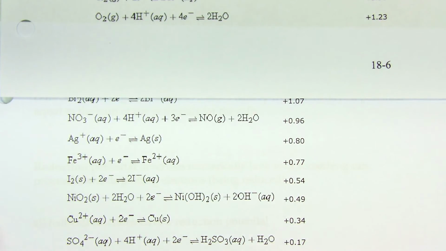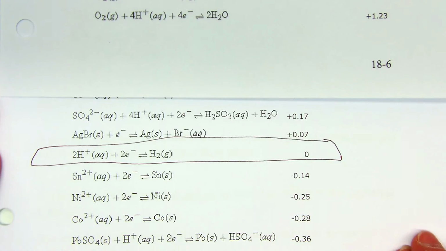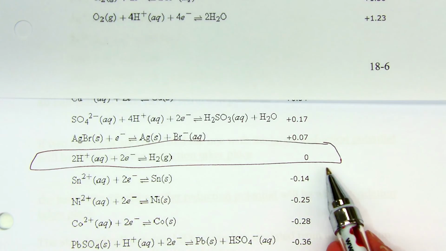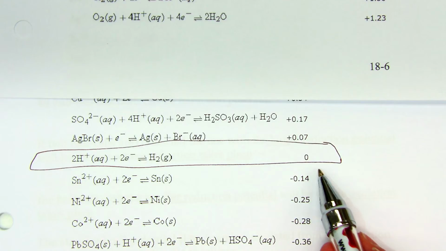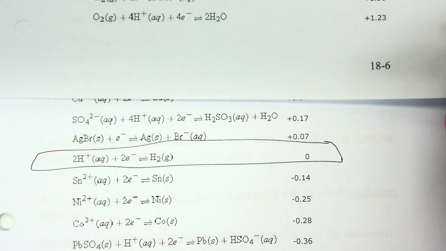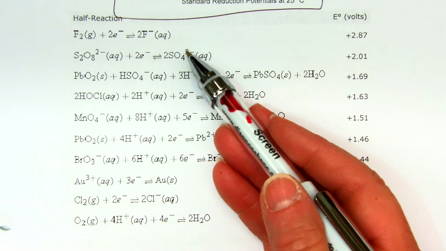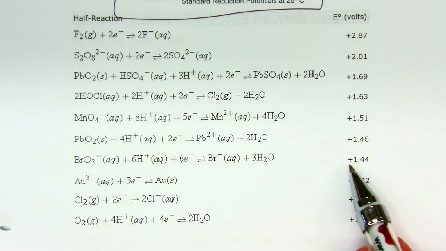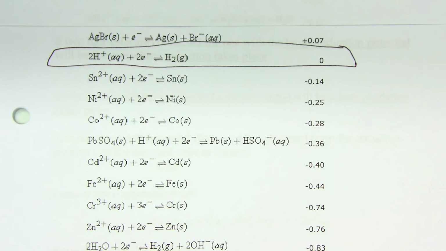So about halfway down this list, you'll see the hydrogen electrode, and it has a standard cell potential of 0 volts. So we compare everything to hydrogen. And when you look at some of these things, the things at the top have a positive voltage for the reduction. Things that are lower than hydrogen on the list have a negative voltage for reduction.